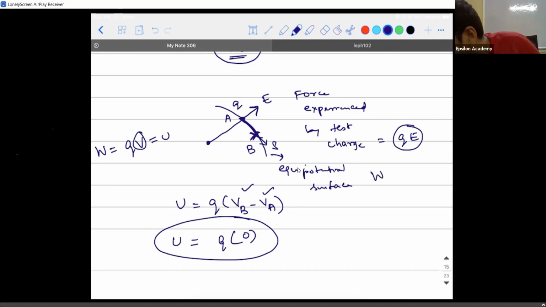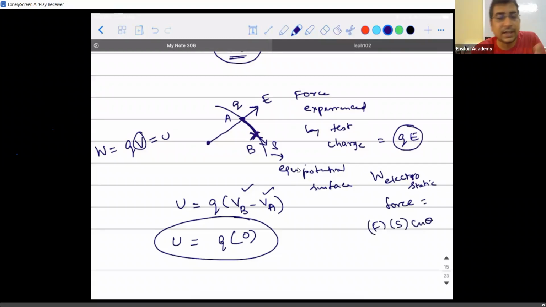So what is the work done by the electrostatic force? It is F into S into cos theta, where theta is the angle between force and displacement. F is QE, displacement is S, and it is cos 90. Answer is 0. And this is another way to prove why the equipotential surface and electric field lines are always perpendicular to each other. That's what they would have given in this theory also.